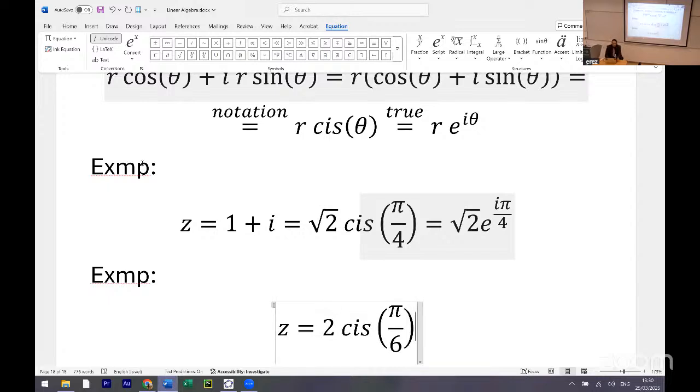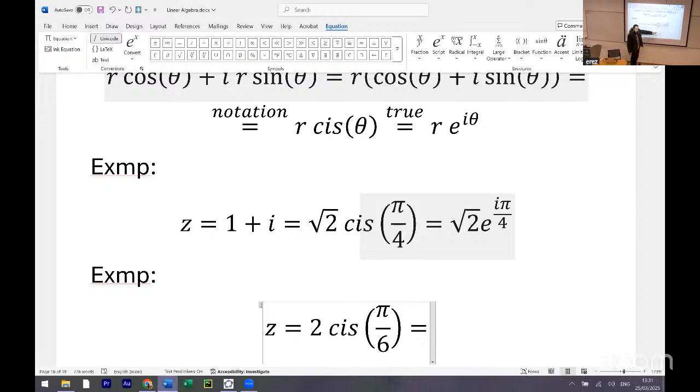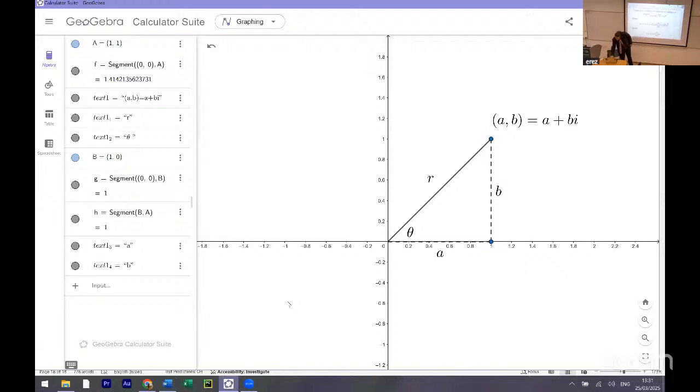Okay, so we might be able to imagine geometrically where this number is. Its length is 2, the angle is pi over 6, 30 degrees. So it's somewhere over there. We'll put it on the axis, on the plane. So it would be something like here, more or less, right?